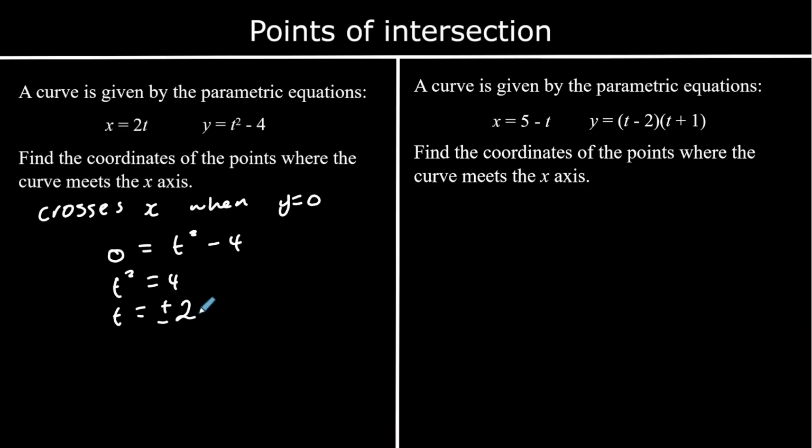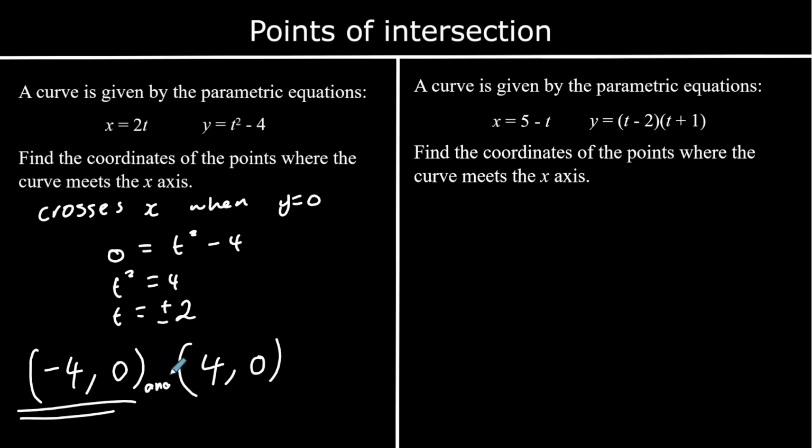So when t is negative 2, two negative 2's are negative 4. And when t is negative 2, y will be 0 because it crosses the x-axis. And when t is 2, x is 4, and we know y is 0. So we have these 2 points where it crosses the x-axis.